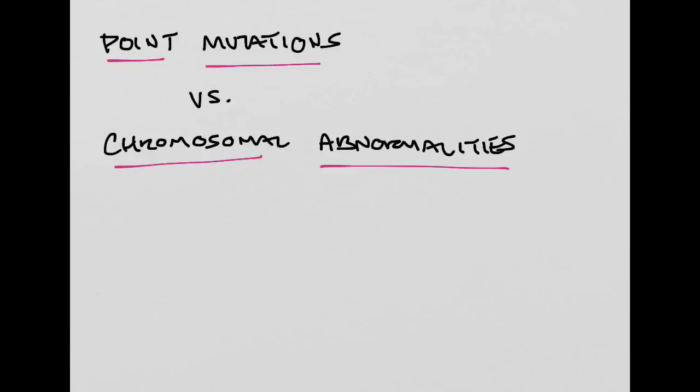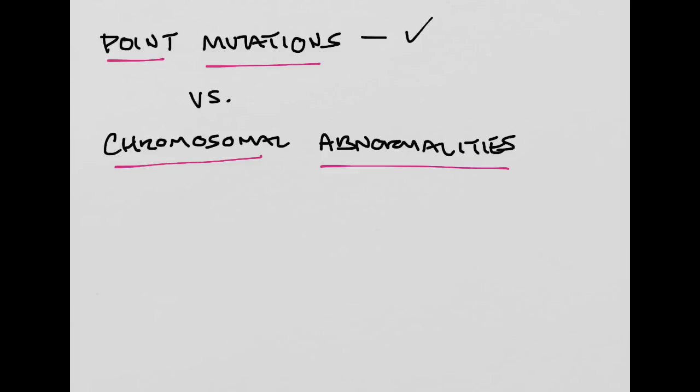To make sure you understand the difference, you already know what a point mutation is: when one of the A's, C's, G's, or T's is out of whack in your DNA, so that it could potentially lead to a frame shift or the wrong amino acid being put in place, so that the protein that's created is dysfunctional. So those are point mutations, and they happen to specific bases in the DNA sequence.